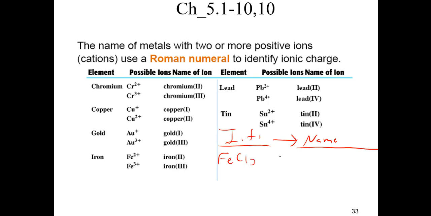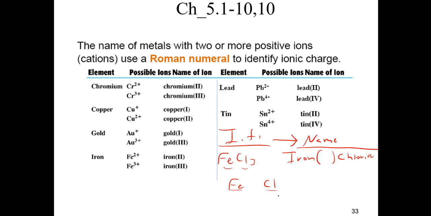iron chloride. First thing I'd have to do is identify my individual ions. There's my iron, there's my chloride, so the name would be iron (parentheses) chloride, taken directly from the elements as ions.